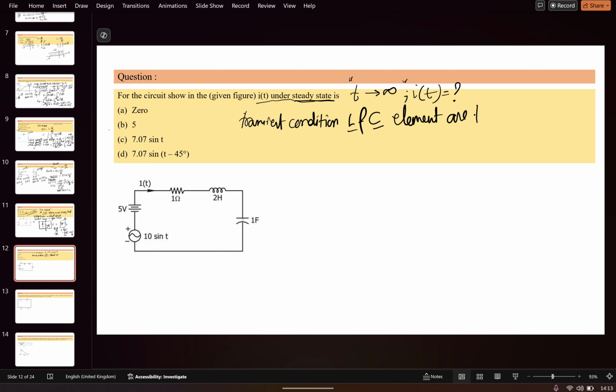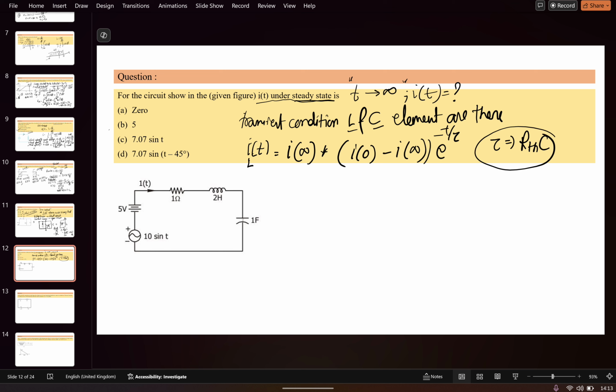The value of current, always remember, at a particular time t will be equal to I infinity e to the power minus t by tau. How are you going to find tau? Tau is RTH C, by the same method which I explained in the previous class.